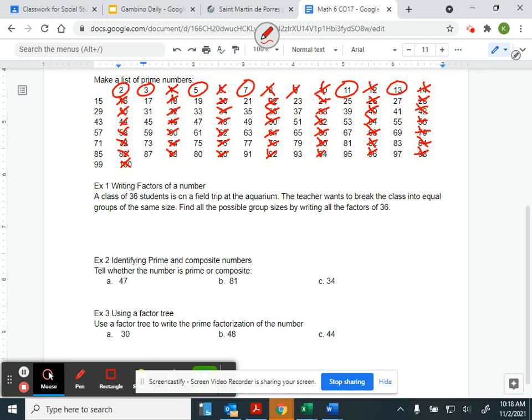The only way we can get to it is multiplying itself by 1. What about 15? What can always go into a number that ends in a 5? 5. So any number that ends in a 5, we can cross off because we know that's a multiple of 5. So let's make our life a little bit easier and cross off any number that ends in a 5.